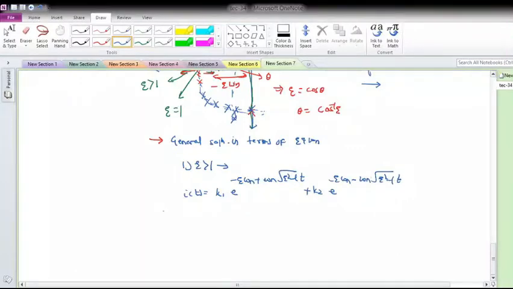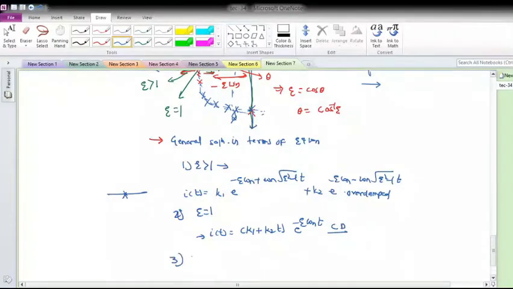This is my overdamped behavior. Second, if zeta is equal to 1, the roots will be real and repeated. Then i of t is k1 plus k2 t, times e raised to minus zeta omega n t, which is my critically damped behavior.